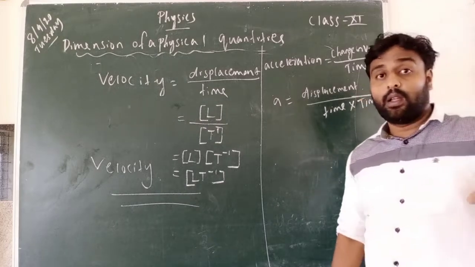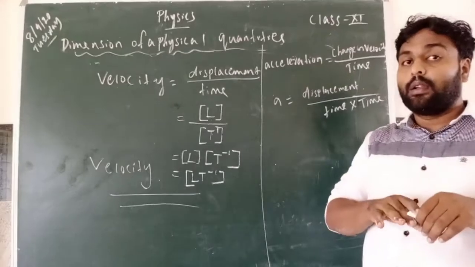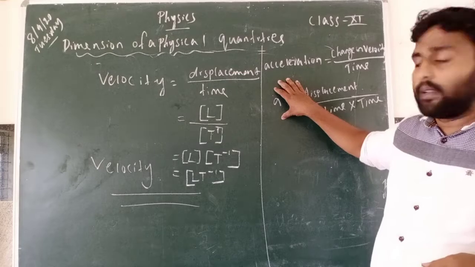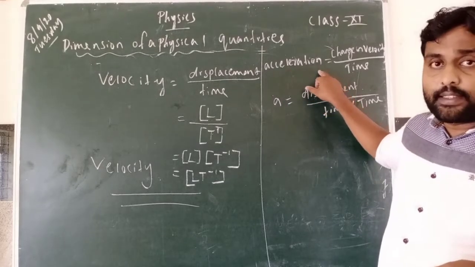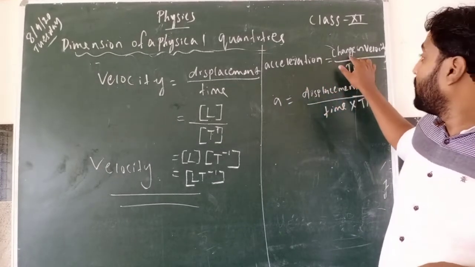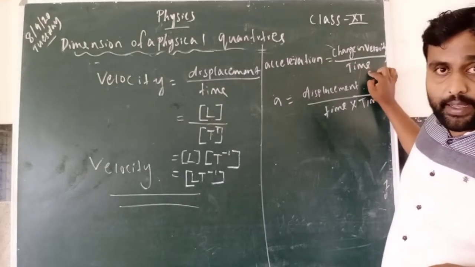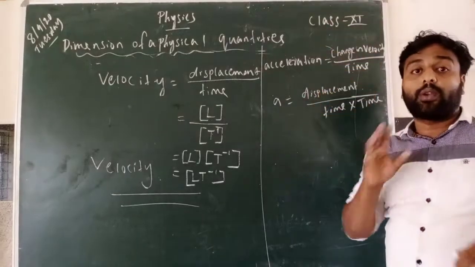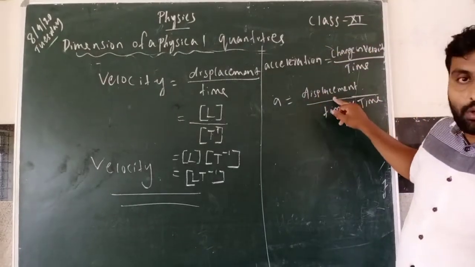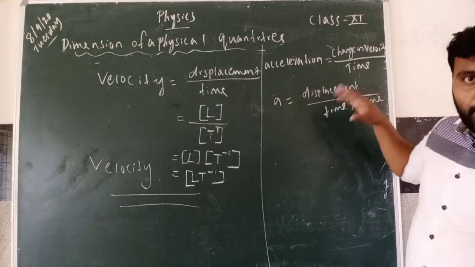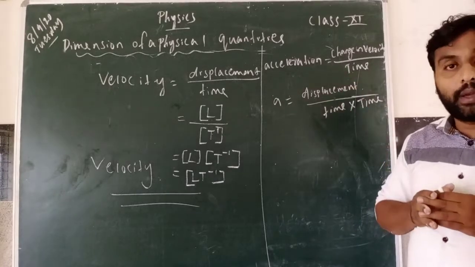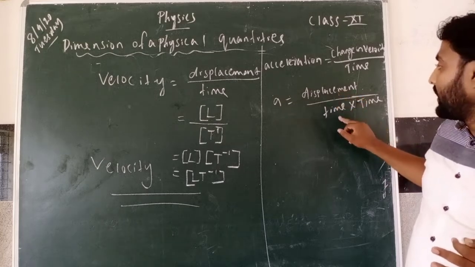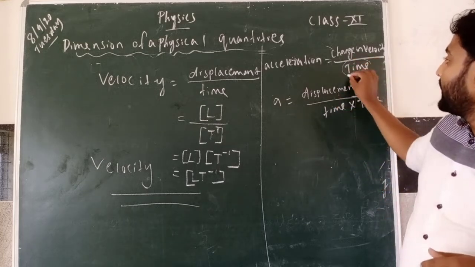This is how you can derive a quantity. Acceleration is a derived quantity. You can write the formula, change in velocity by time. Now change in velocity is also a derived quantity, so you can mention this derived quantity by using fundamental quantities: displacement by time, and we are adding this time here.